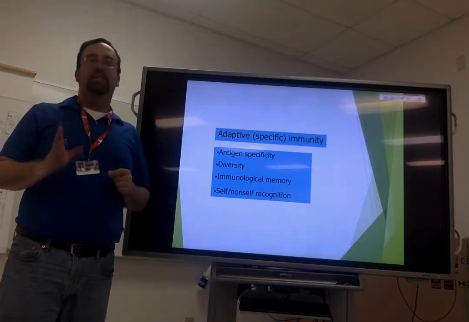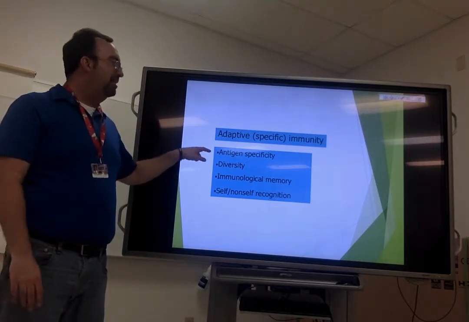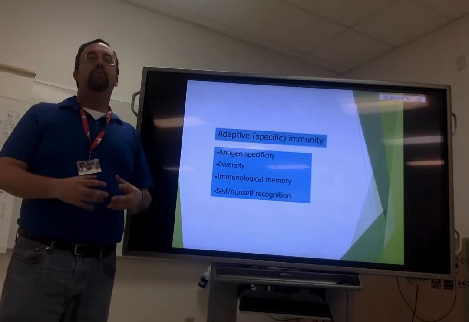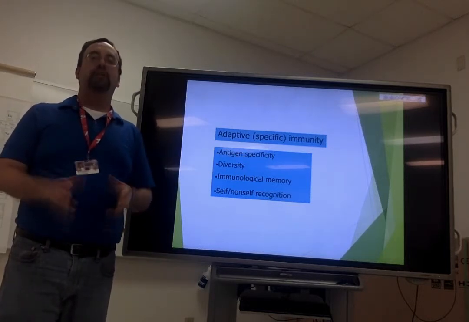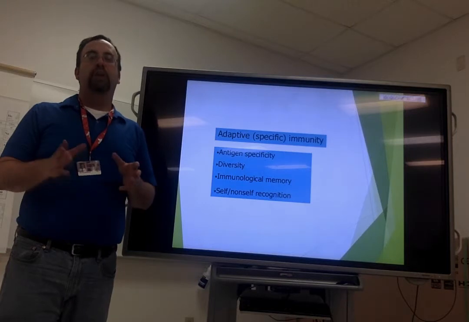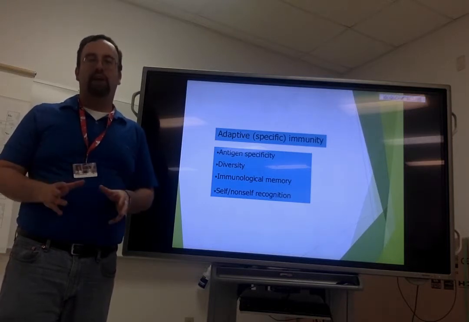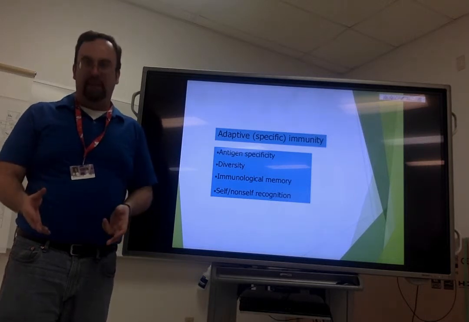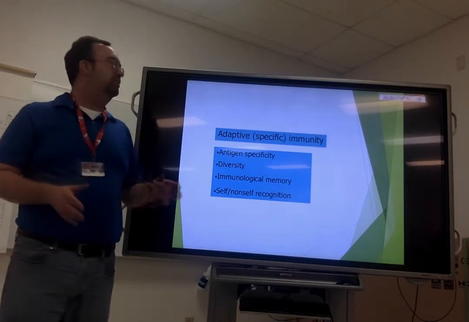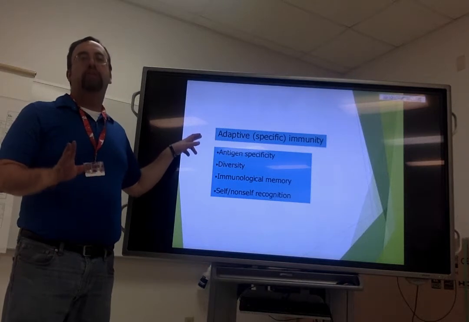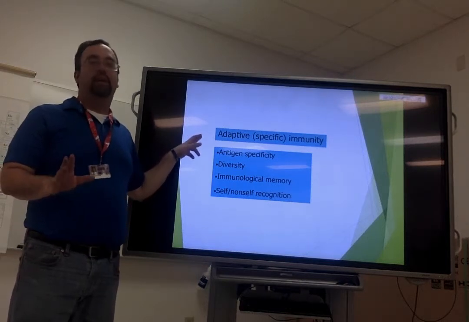One of the ways the body does this is by antigen specificity, which involves the use of antibodies. Hopefully, doctors and other researchers will come up with a vaccine against coronavirus. It'll be antibody-based, and therefore it will be used as a sort of adaptive immunity so that this sort of thing hopefully will not happen again.